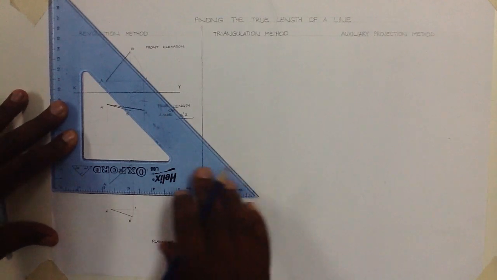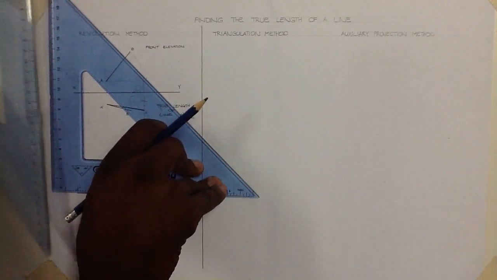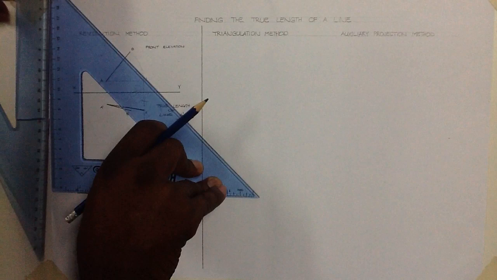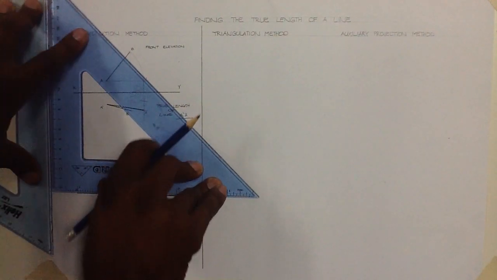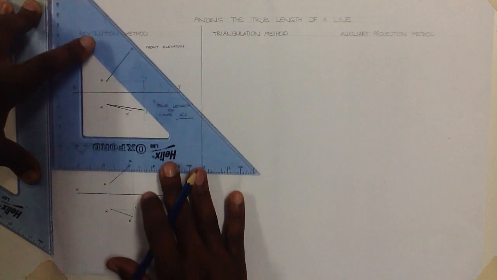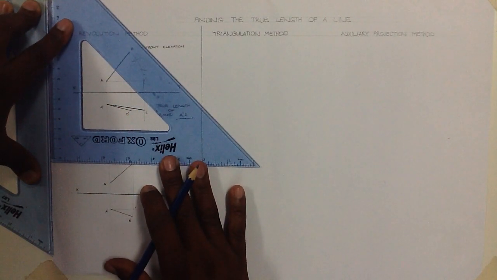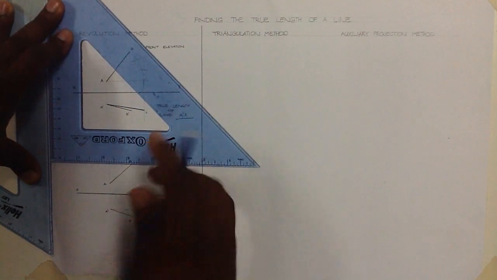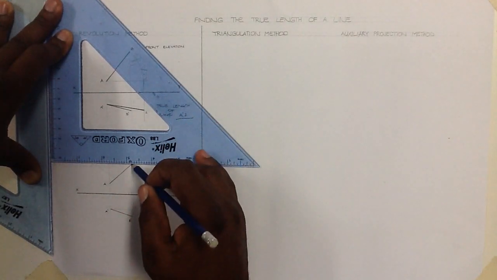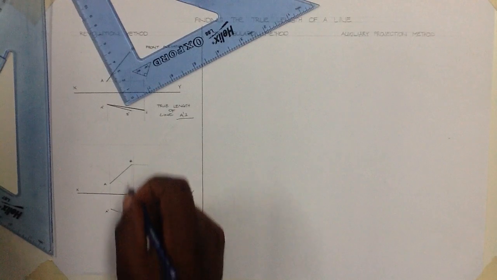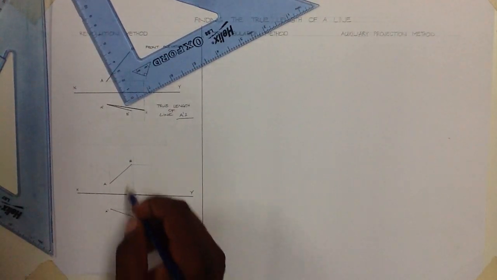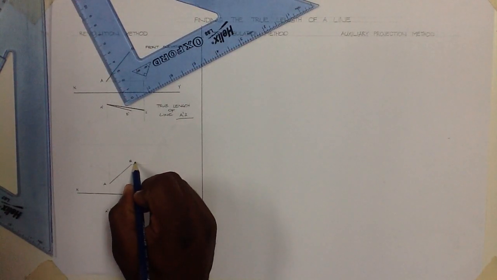Taking my time to line it up, which is very important. Then you slide the set square up to point B. Construction line drawn, point B, line extended from point B and from point 1 intersects at point 2.